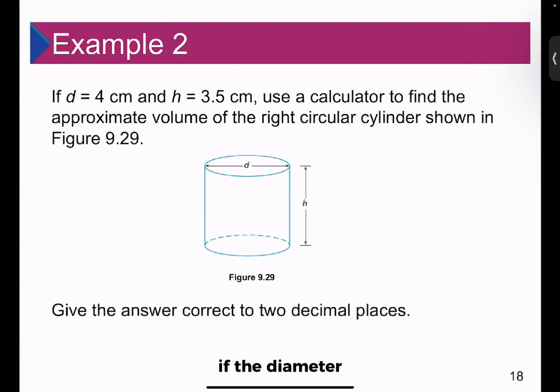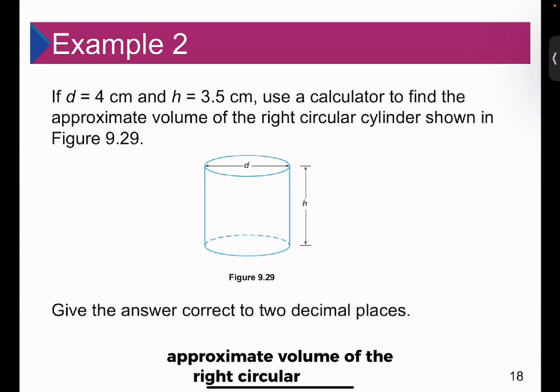If the diameter is 4 centimeters and the height H is equal to 3.5 centimeters, use a calculator to find the approximate volume of the right circular cylinder shown in figure 9.29.